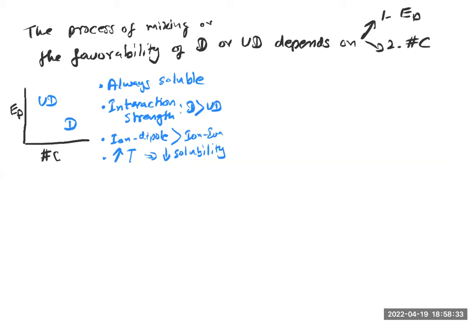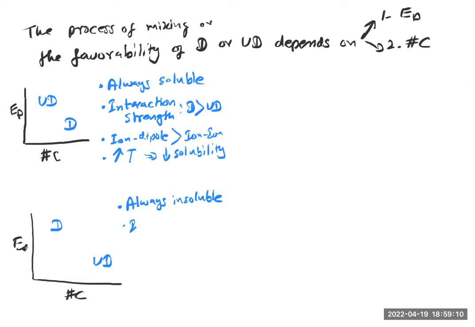If we have the undissolved state favored by both the number of configurations and the potential energy, that means in this quadrant compared to the dissolved state, then both potential energy and the number of configurations favor not dissolving. Therefore, this is going to be always insoluble.